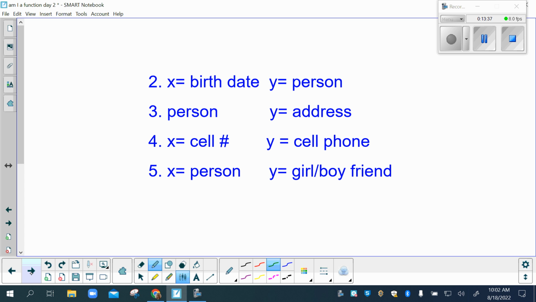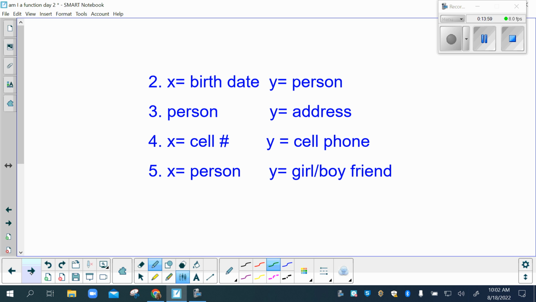Some of us have one address. Well, let's think about our girl Beyonce. If I want her address, does she have one house? No, she's got a lot. My friends in here who have divorced parents, honestly, you often have 2 different houses, right? So I would say number 3, not always a function.